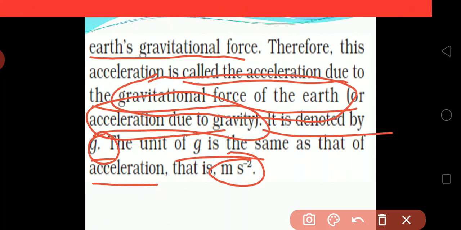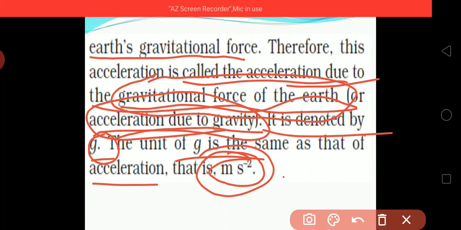So it is said to be acceleration due to gravity, and it is denoted as small g. The unit of small g is meter per second square.